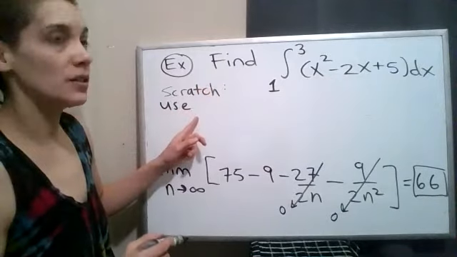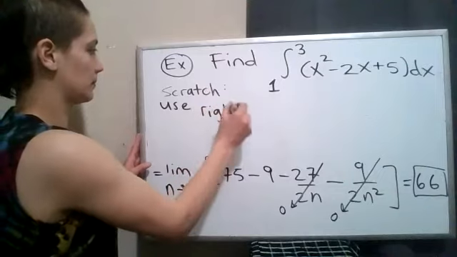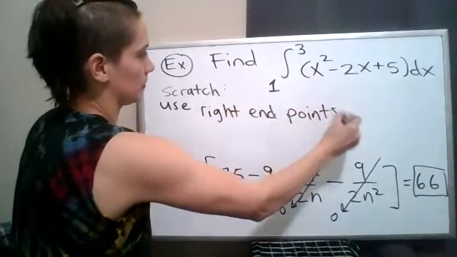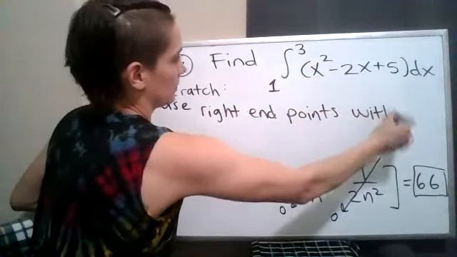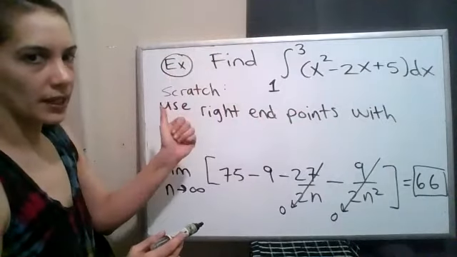I would like to use right endpoints. Okay, delta x is 3 minus 1 over n.